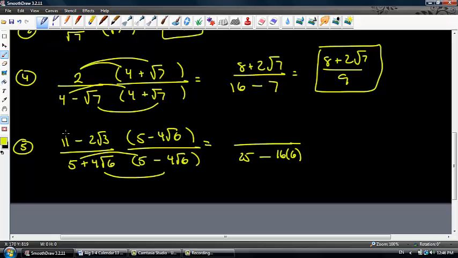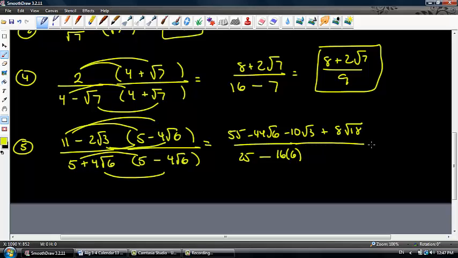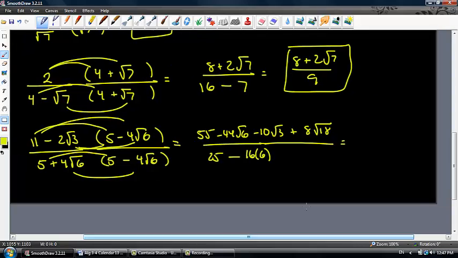The top, I'm going to FOIL that out. That becomes 55 minus 44 rad 6 minus 10 rad 3 plus 8 rad 18. This is going to get kind of nasty, but that's okay. The bottom is 96. 25 minus 96 is negative 71.